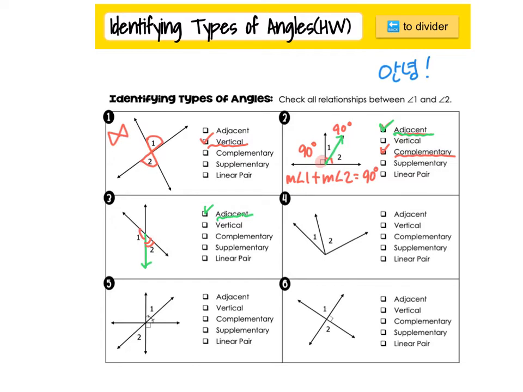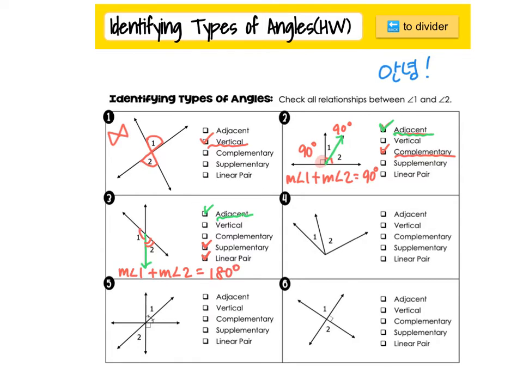That means, that's right, they are a linear pair. Also, a linear pair will always be supplementary angles. What does that mean? If you add angle 1 and angle 2, it should equal 180 degrees.